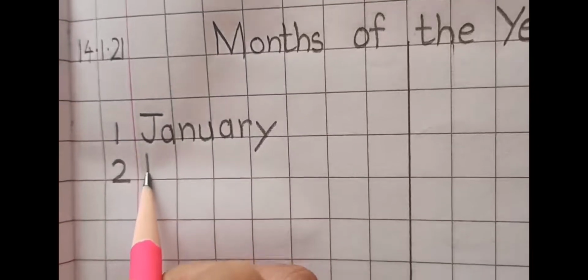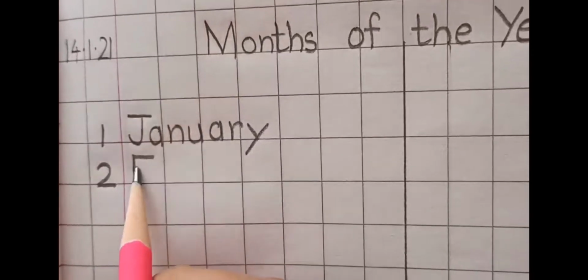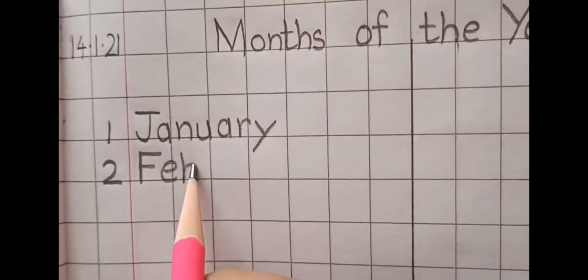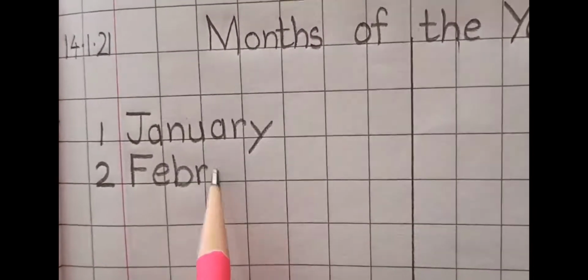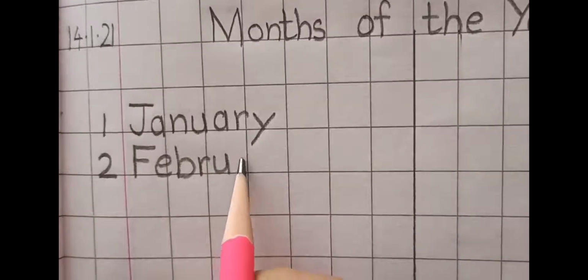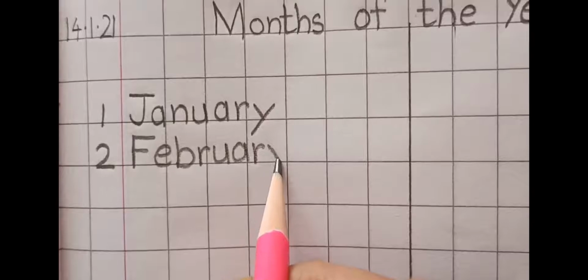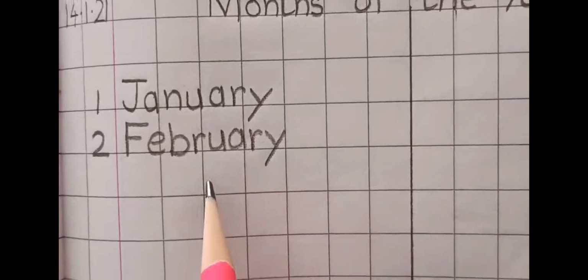So, first we have to write capital F, then small e, b, r, u, a, r, y, February. Third month is March.